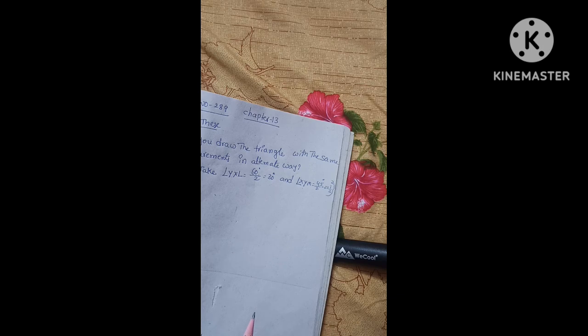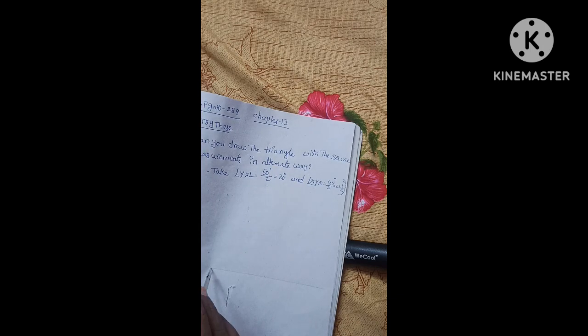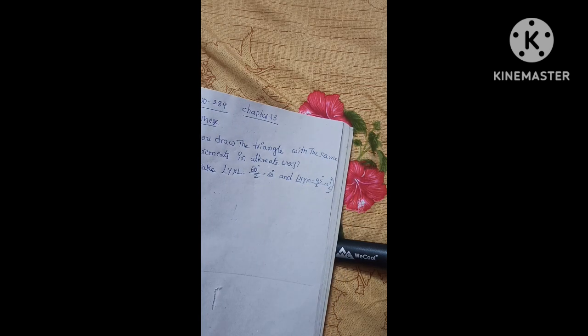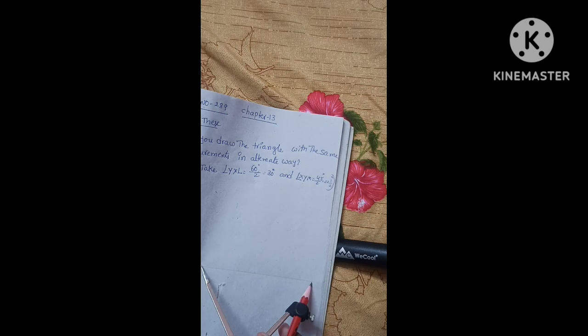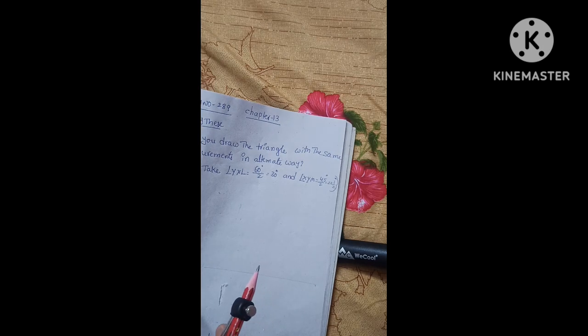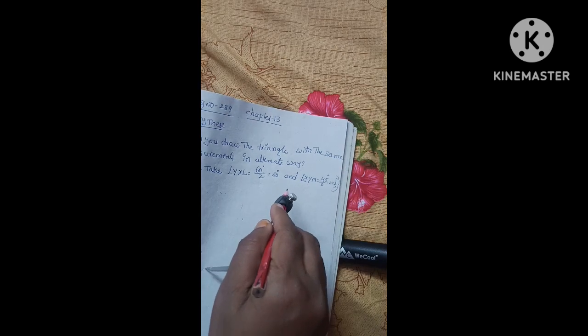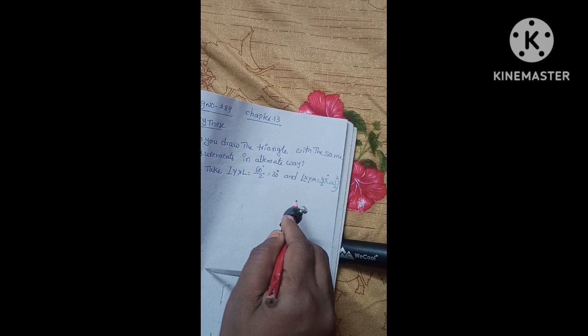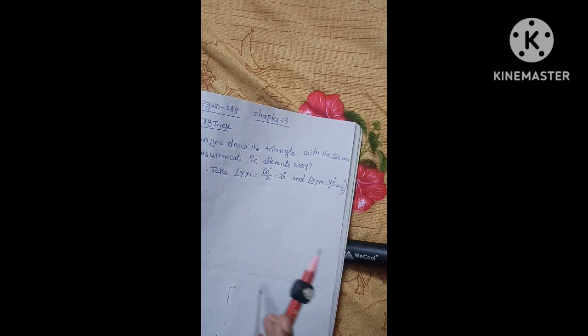B to C. So here BC. Okay, this is 11 centimeters. See exactly. Okay, after this again A to B. So here A to B means here you can take 11 centimeters. See, B to C completed.